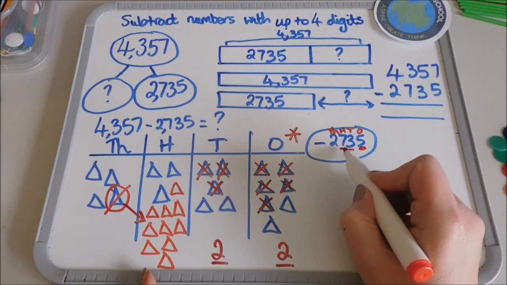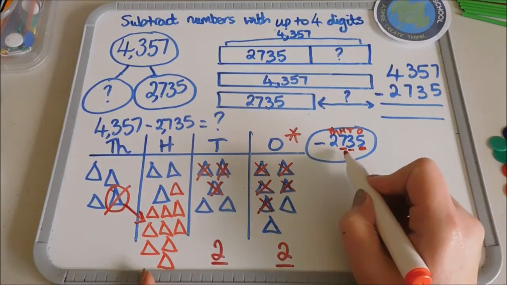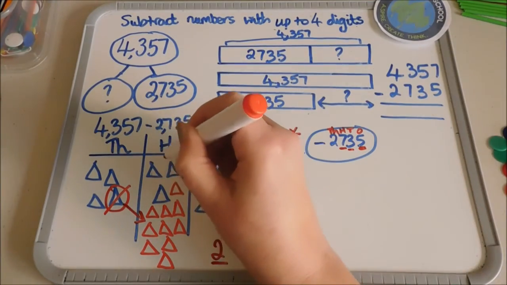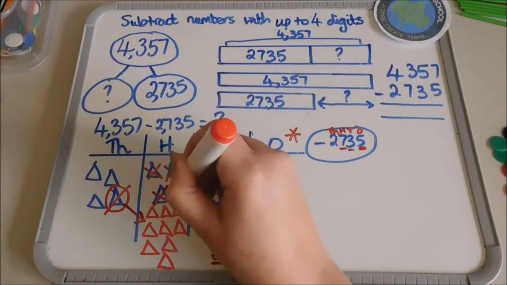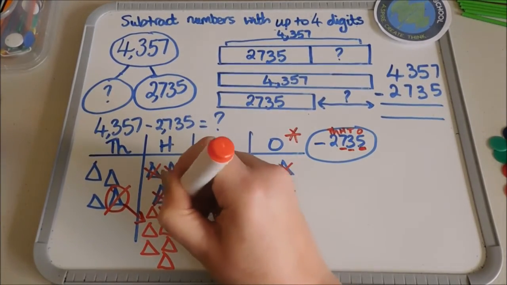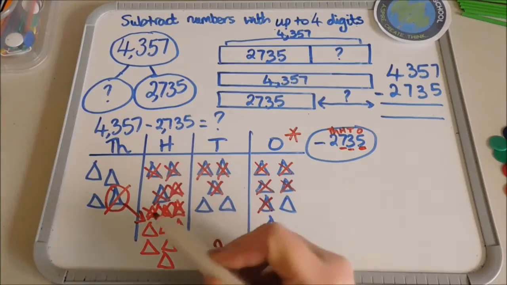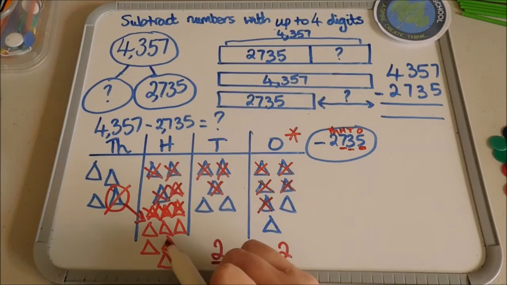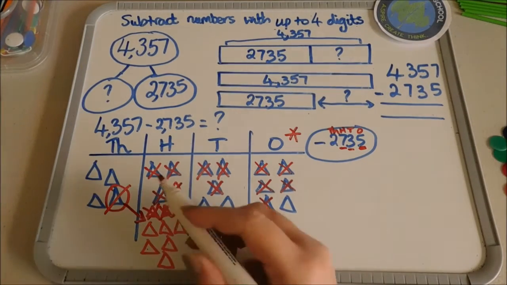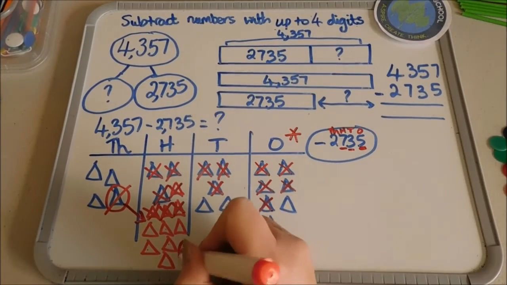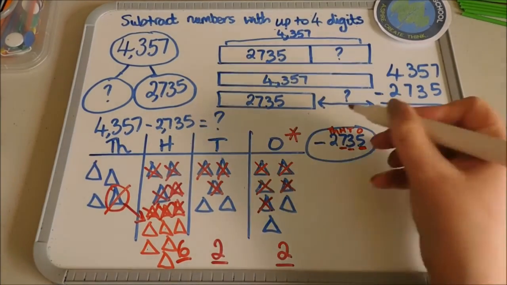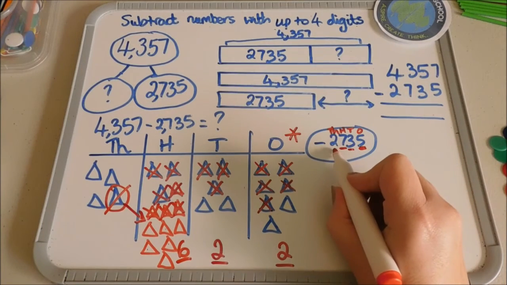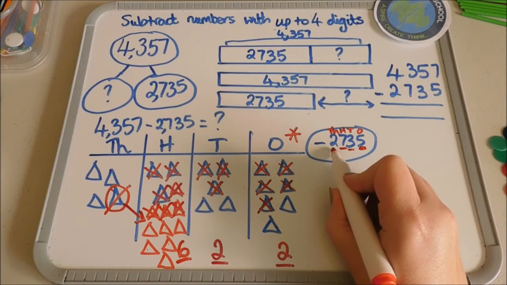Now I can subtract that 7. So I'm going to cross out the 7 hundreds. 1, 2, 3, 4, 5, 6, 7. And I'm left with 1, 2, 3, 4, 5, 6 in my hundreds column. Okay, and finally now I'm going to move to my thousands column where I'm subtracting 2.